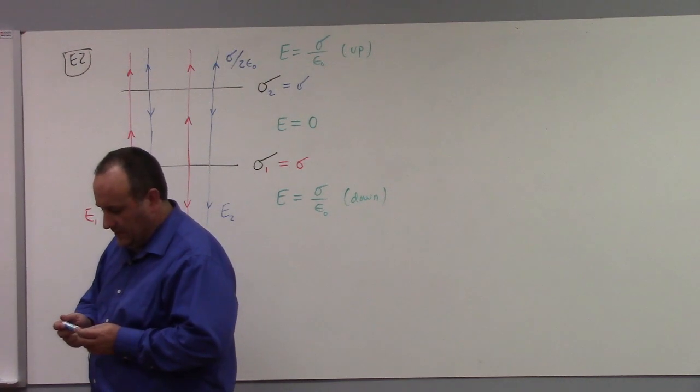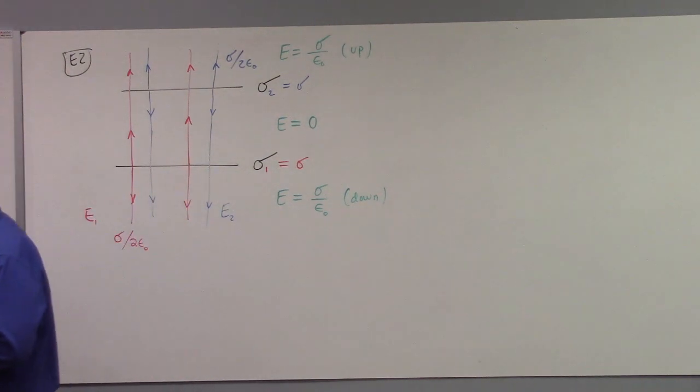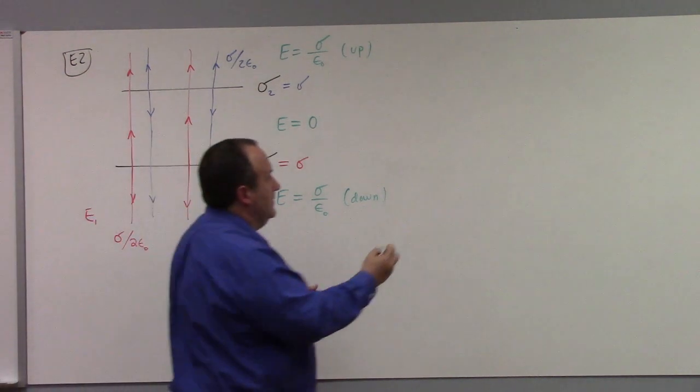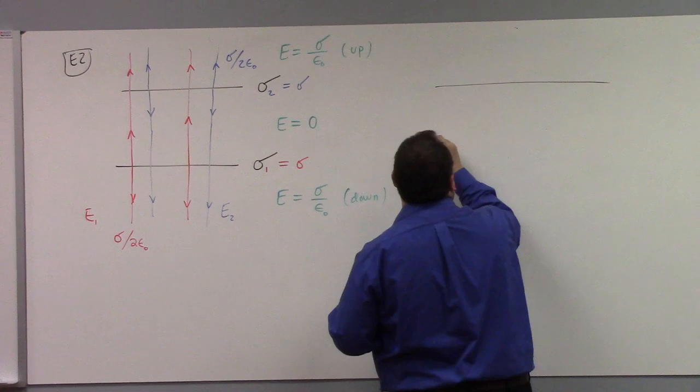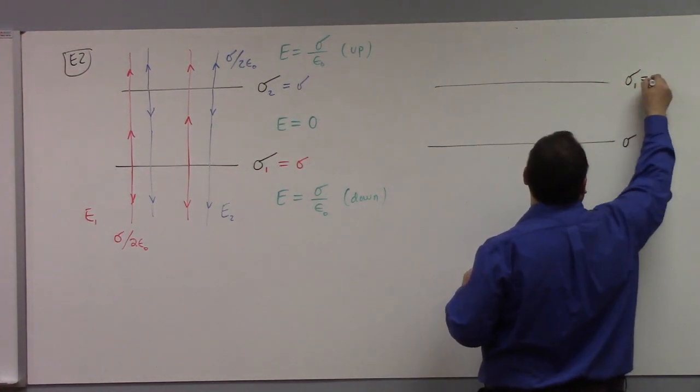So why don't we just use a Gaussian sphere here? I mean, not sphere, but say Gaussian cylinder. We could do that here, right? Check it out. Let me just draw it over here to be less busy. If this is my charge sigma, this is my other charge sigma.